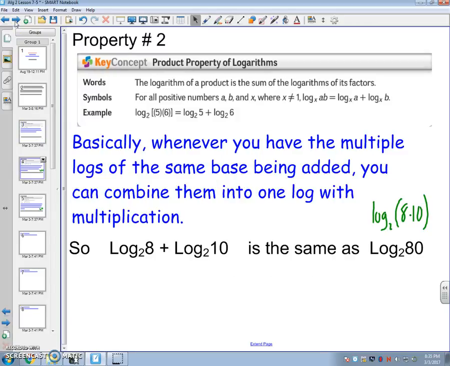Next one is new for y'all. It's the product property. Basically, when you have multiple logs with the same base and they're being added together, you can combine them into one log with multiplication. So log base 2 of 8 plus log base 2 of 10, they both have log base 2 and they're being added, is the same thing as log base 2 of 80, because I brought it into one log and multiplied 8 times 10 for 80.